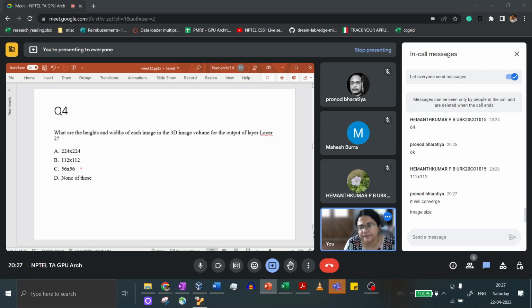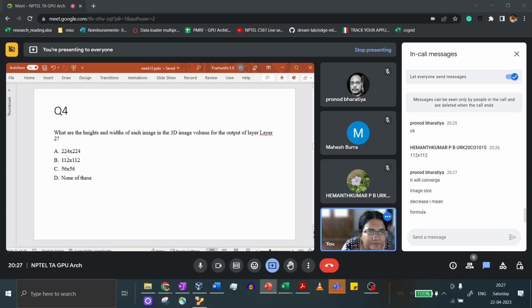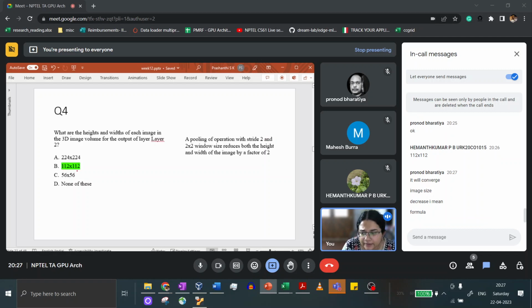Okay, so do you mean it will decrease? It will decrease to what? Okay, it will decrease. Let's look at exactly what it is. It is 112 cross 112. So a pooling operation with stride 2 and a 2 cross 2 window size reduces both the height and the width by a factor of 2, right?